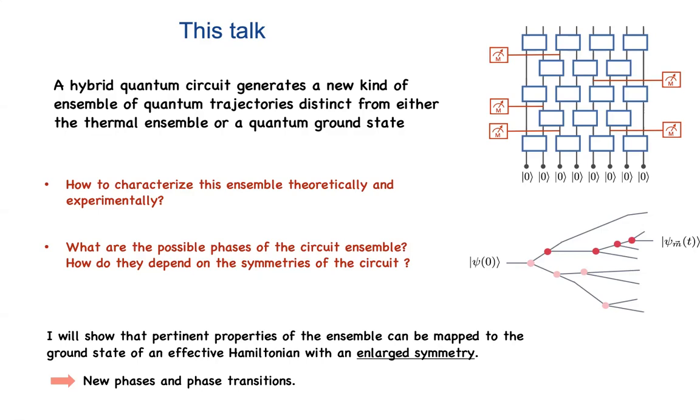But this effective Hamiltonian operates on a larger dimensional Hilbert space and has an enlarged symmetry compared to the physical symmetry imposed on the circuit elements. That means the kinds of phases we can get are unexpected, or would not be allowed based on the physical symmetries of the circuit alone.